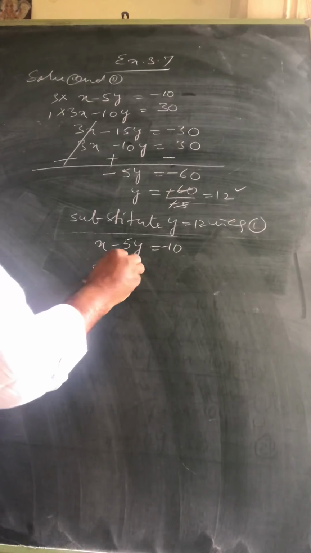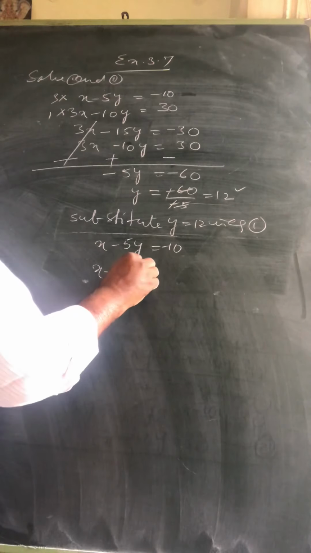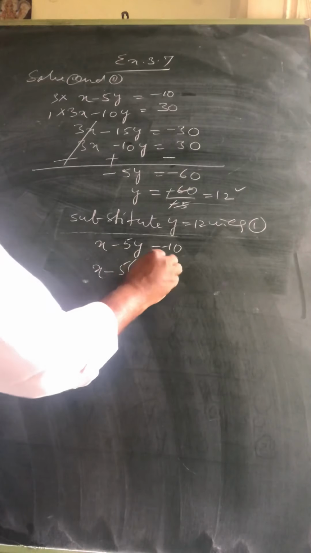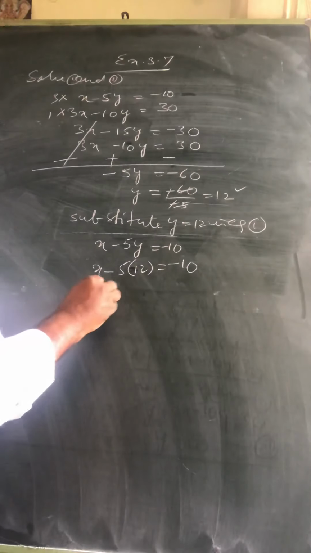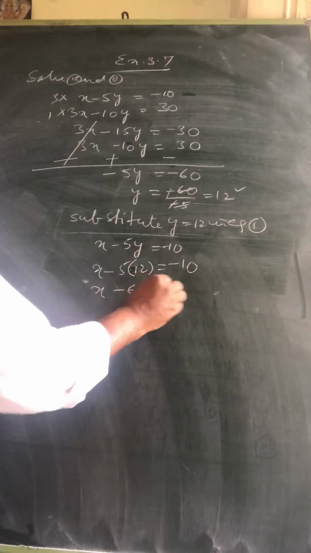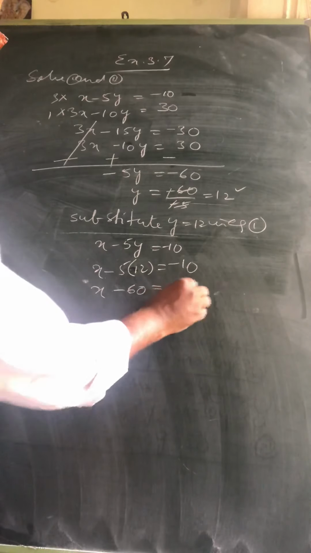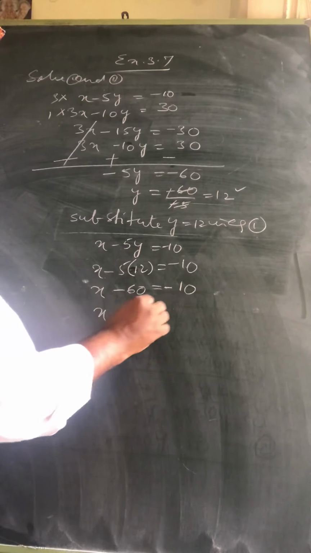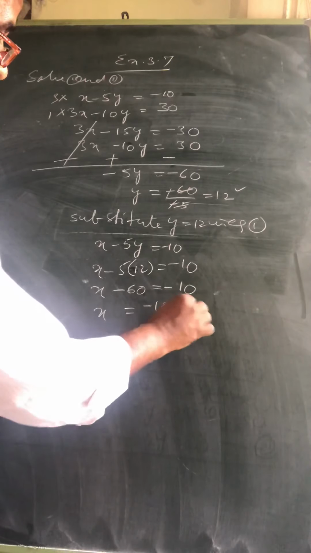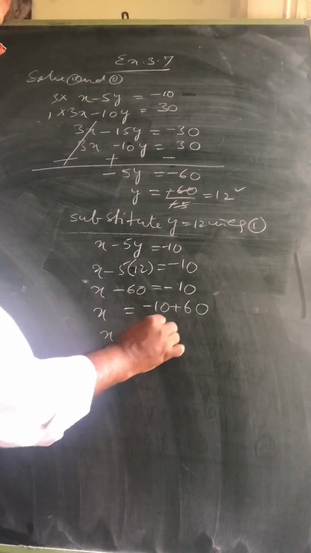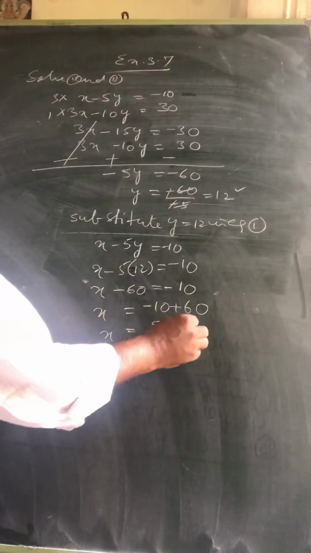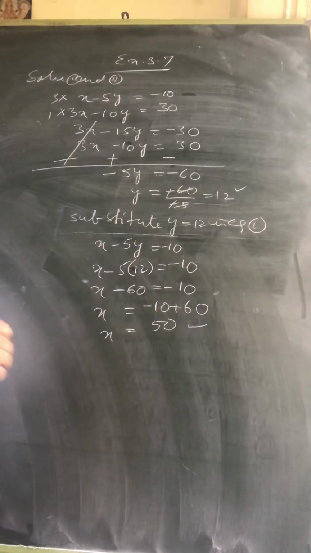So x minus 5 into 12 is equal to minus 10. x minus 60 is equal to minus 10. x is equal to minus 10 plus 60. x is equal to 50. So x is equal to 50 you got and y is equal to 12 you got.